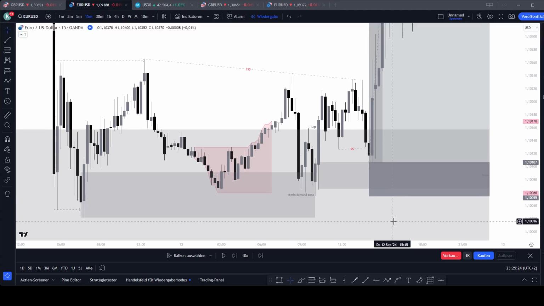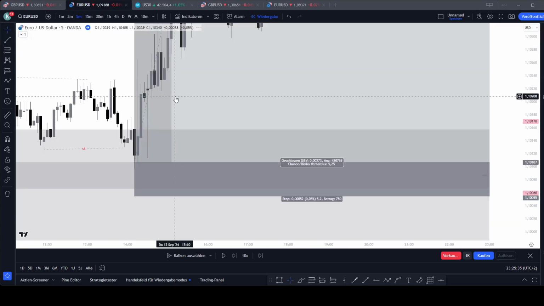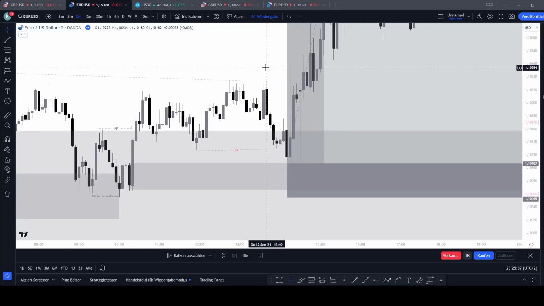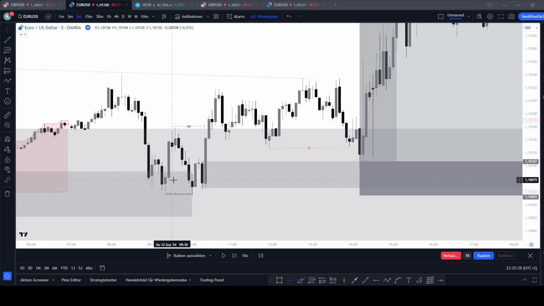And remember, I told you once price reacts within a demand zone and gives us a change of character like this, what we saw to the upside, we have to look if there's an order block that was left.